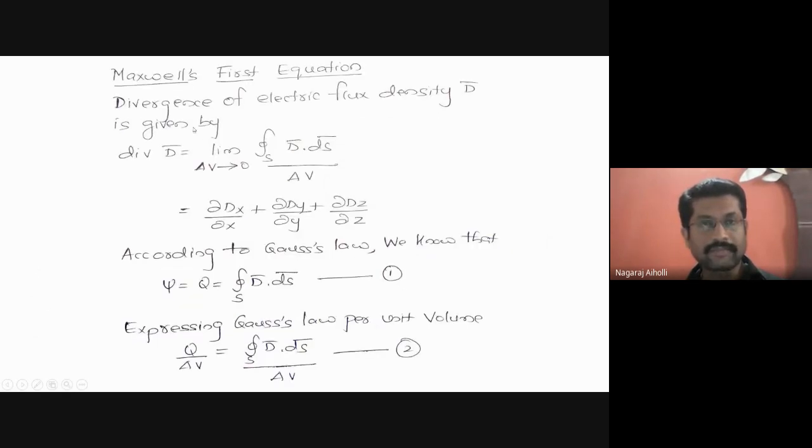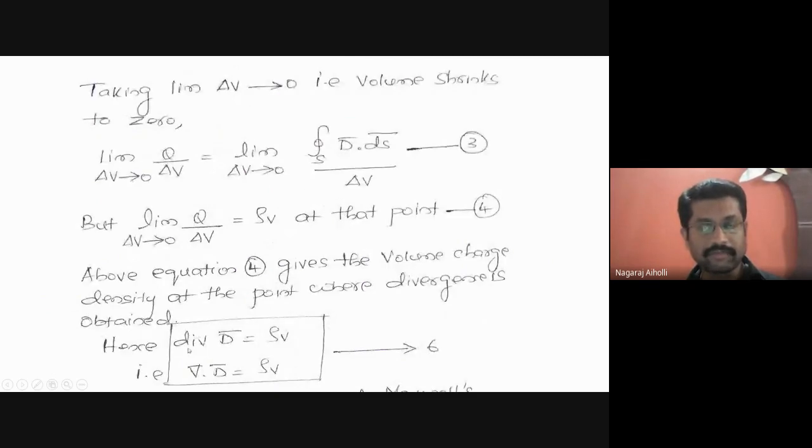And later we took up the derivation of Maxwell's first equation. We derived this starting from the divergence theorem, and the equation we obtained is divergence D bar is equal to rho v, or del dot D bar is equal to rho v.